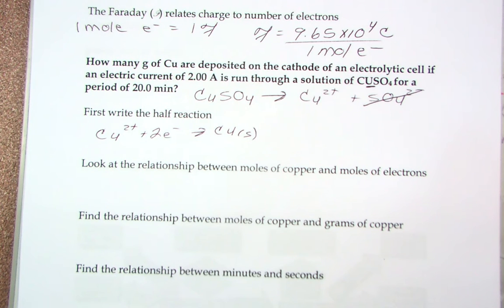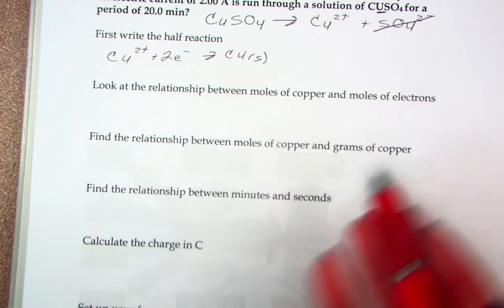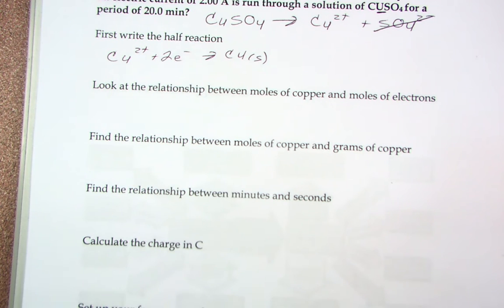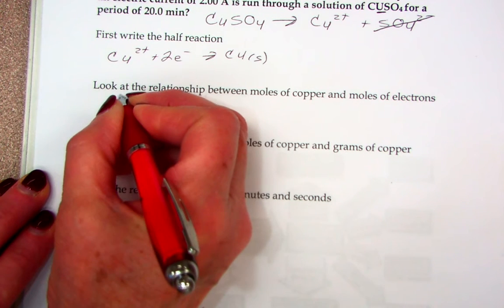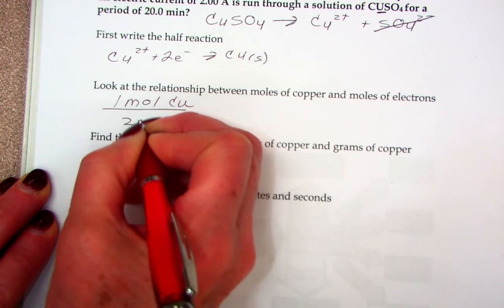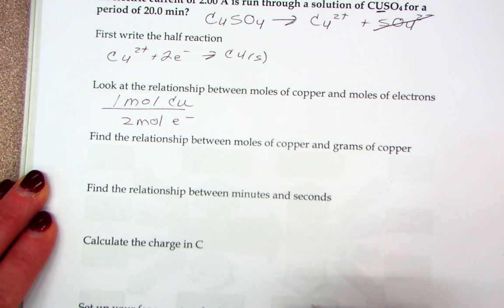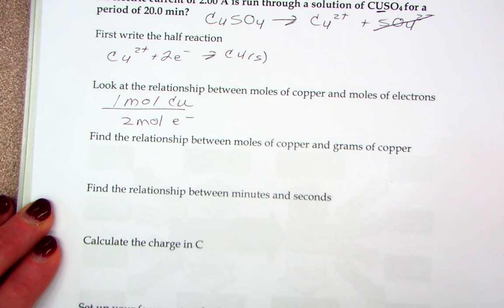Now let's look at the relationship between the copper that's being produced and the electrons that it takes. We're used to using the coefficients in balanced equations as part of our conversion factors. So 1 mole of copper is produced from 2 moles of electrons, from our balanced equation. Since it asks about grams of copper, we look at molar mass.